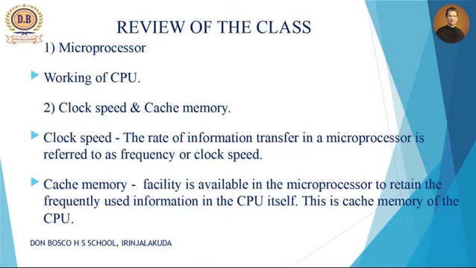Sometimes the CPU works very fast, so it finds difficulty in getting the information. Hence a facility is available in the microprocessor to retain the frequently used information in the CPU itself. This is the cache memory of the CPU. Processors differ in their levels of cache memory: L1, L2, L3, etc. So these are today's class topics.